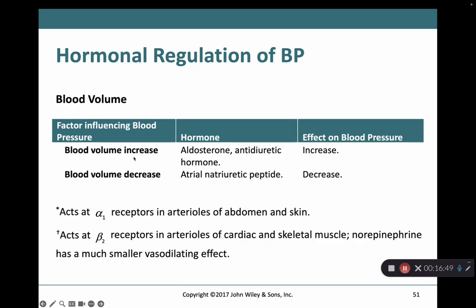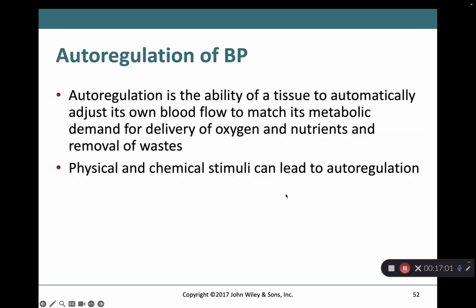Aldosterone and ADH would increase our blood volume and therefore increase our blood pressure, and ANP would decrease our blood volume, which would decrease our blood pressure.